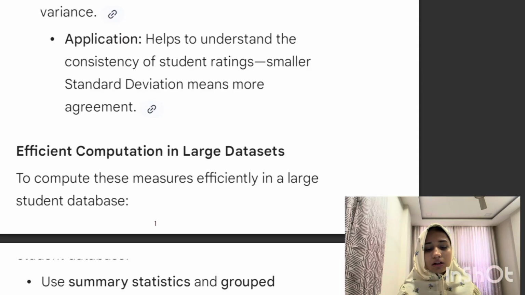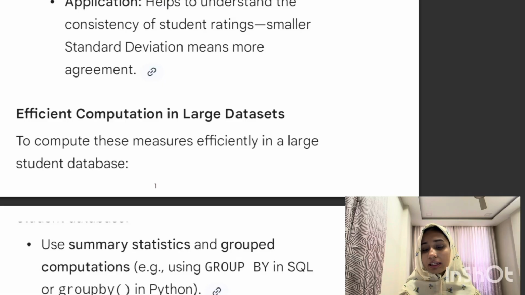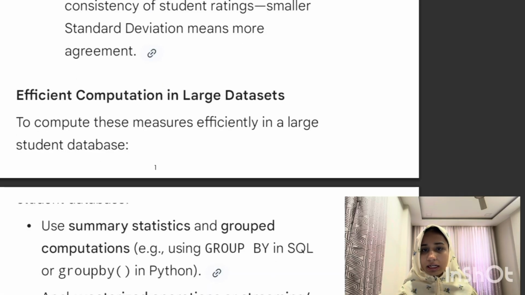The question also contains another part: discuss how these measures can be computed efficiently in large student databases. The methods we discussed above were range, variance and standard deviation, so how can we use them for computation in large student data sets.